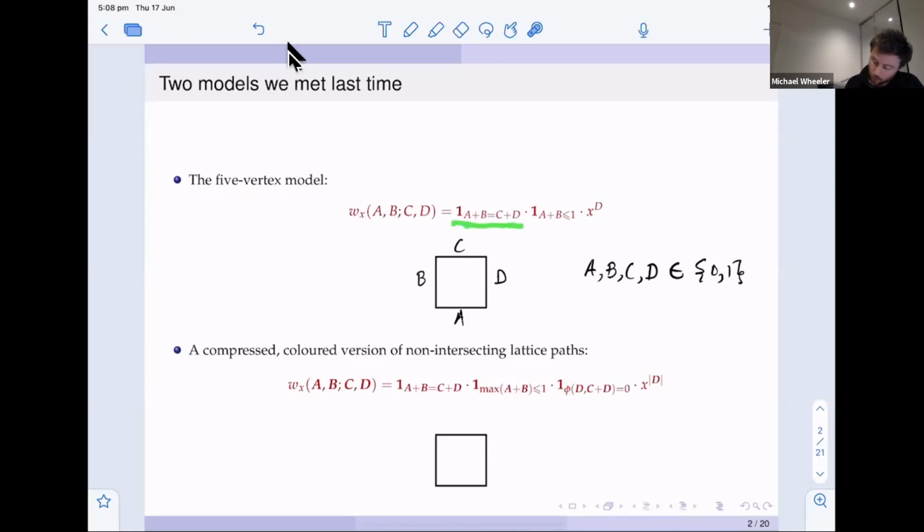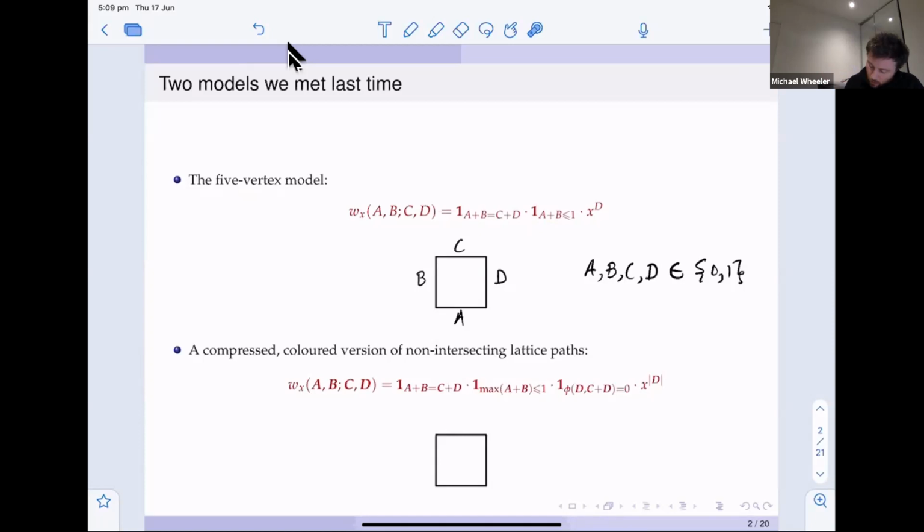First, the sum of the 2 states along here has to be equal to the sum of the 2 states here and here. This is just conservation through the vertex. There was also this property that prevented 2 paths from kissing in the vertex. So that's the first model we looked at.